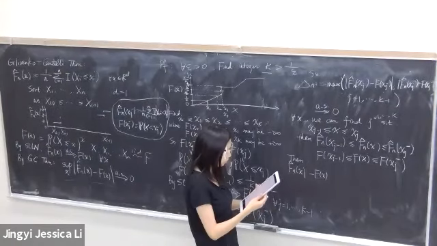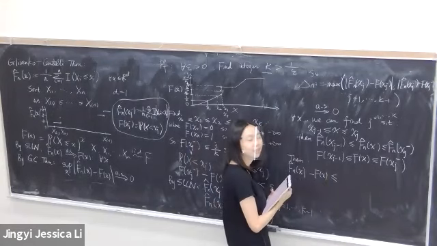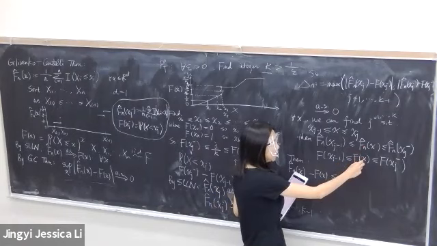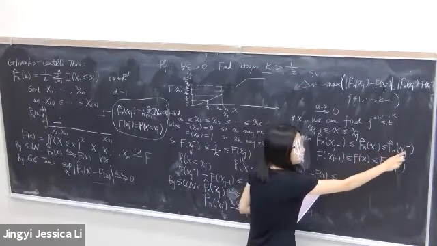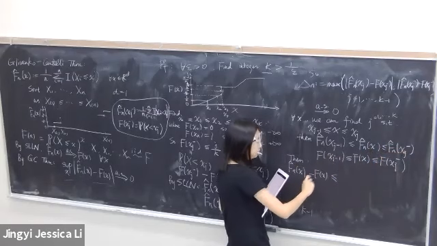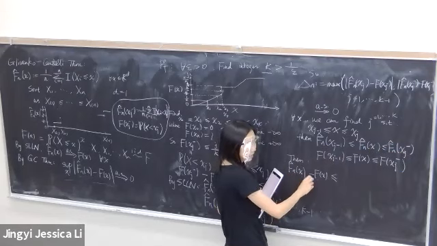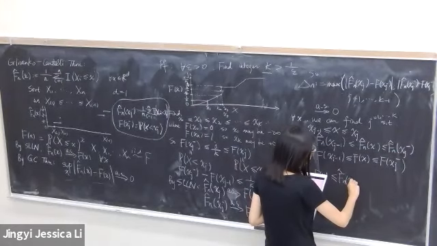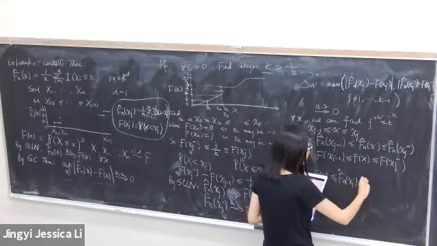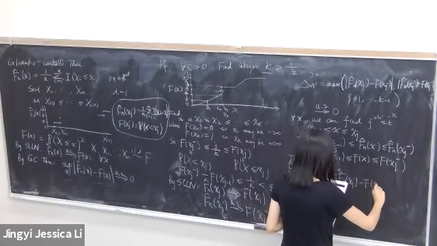To find the upper bound, I find the upper bound for the first one and the lower bound for the second one. When I take the difference, I get an upper bound for the difference. So this is less than or equal to F_n hat(xj minus) minus F(x_{j minus 1}).